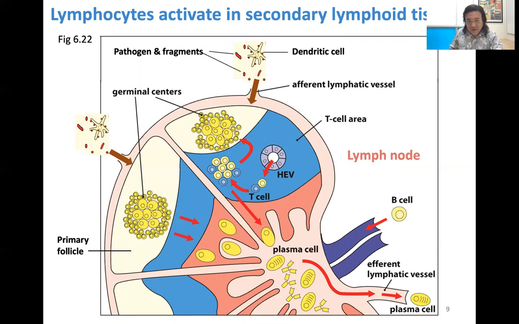And antigen will be presented primarily by follicular dendritic cells up in the primary follicle regions, right? And then those B cells will be kind of woken up, and they will have a chance to talk to T cells. Those T cells will then give those B cells the proper instructions of what they should do next.